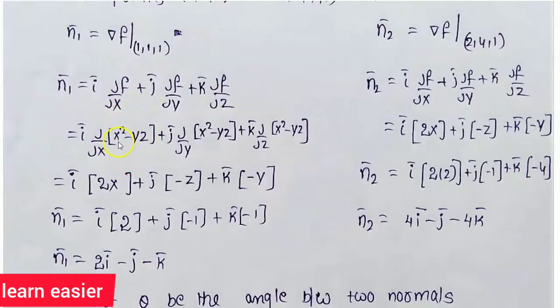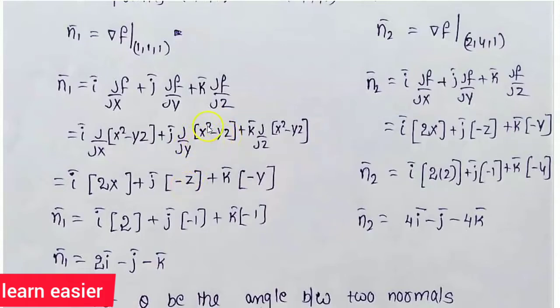Here x square is there, so the derivative of x square is 2x, and the derivative of this term is 0, because while differentiating f with respect to x, we take y and z as constant. Next, the derivative of x square is 0 and of yz is minus z, because the derivative of y is 1 and the term remaining is minus z.